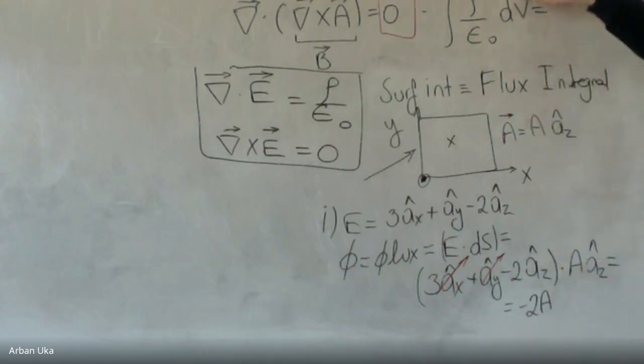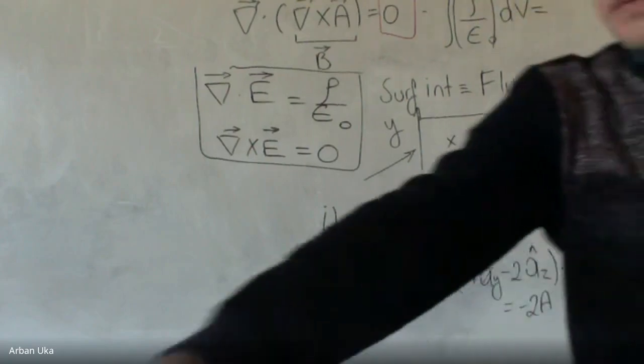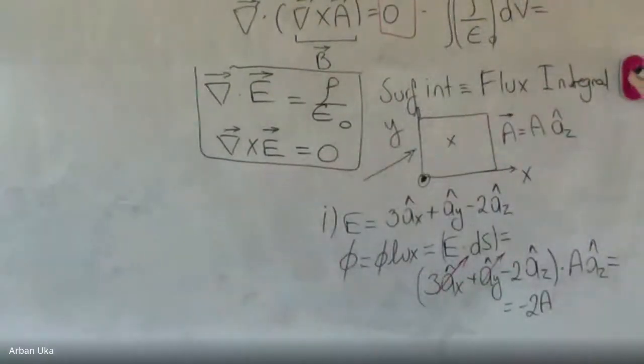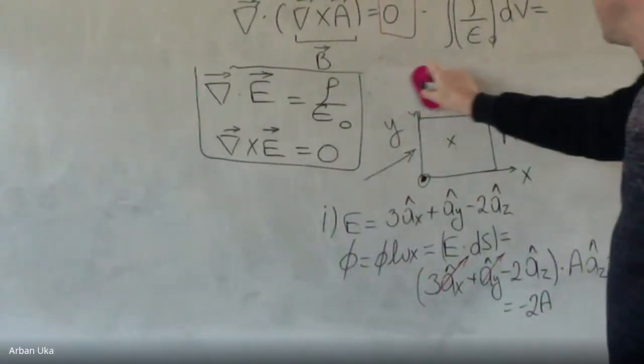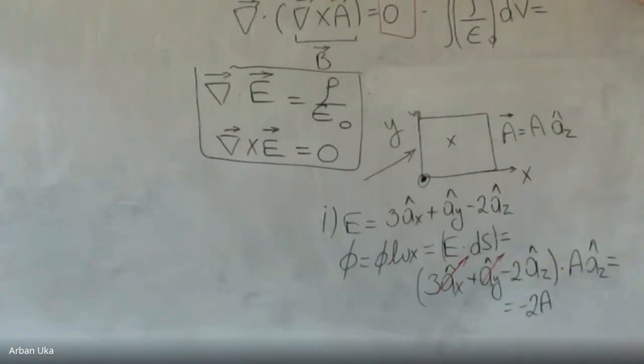Now let's come back to the divergence theorem, which we have here. We can write this one. So a surface integral is a flux integral, and this E dot ds is going to be equal to the flux.